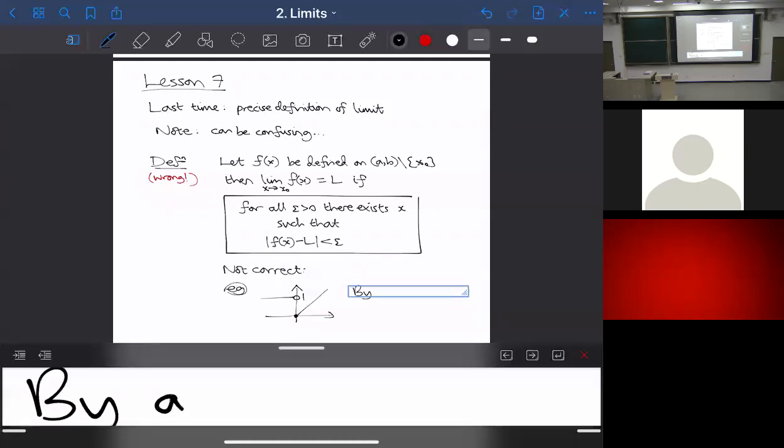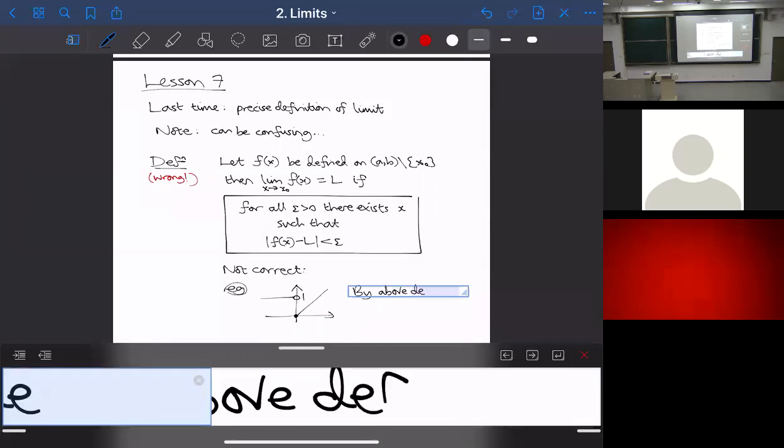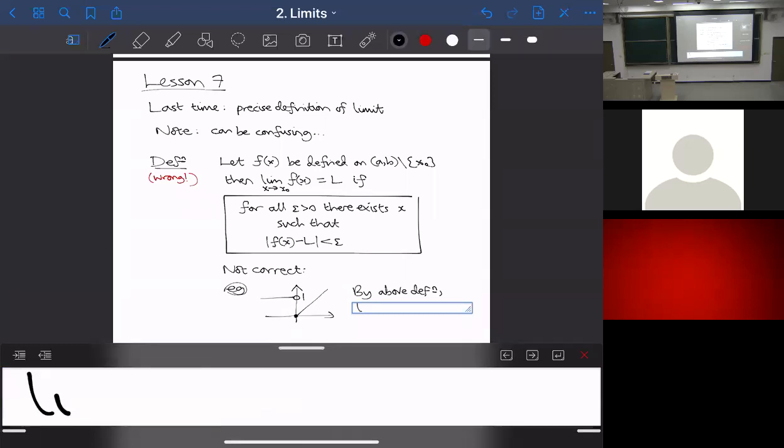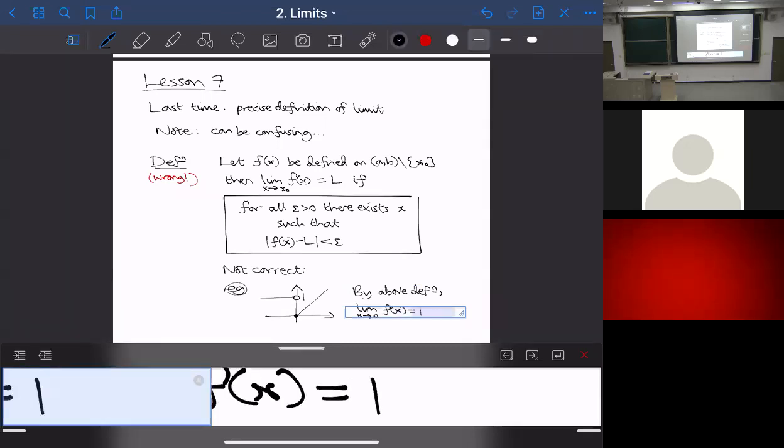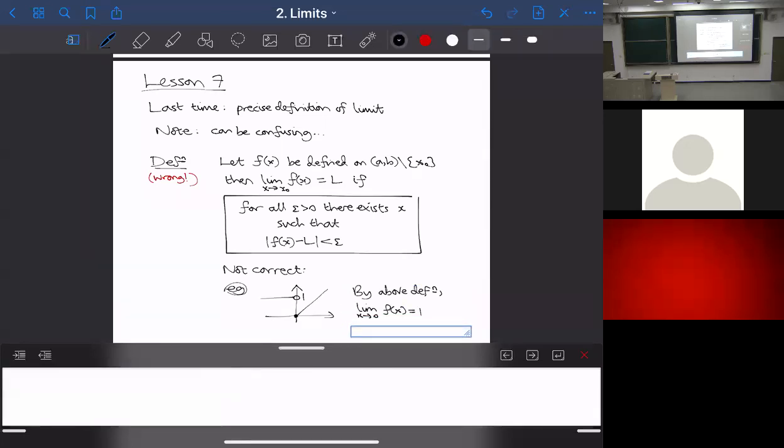Then by the above definition, the limit as x goes to 0 of f(x) equals 1.